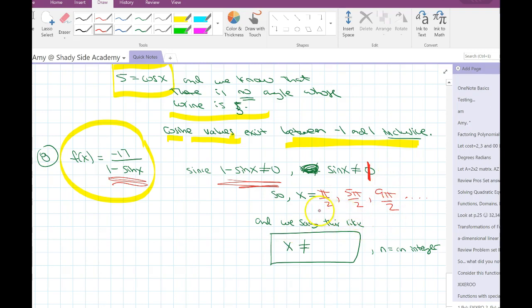And how do we capture all possible angles? We say x cannot equal pi over 2 plus any multiple of 2 pi n, okay? And where n is an integer. So you're saying x can't be 90 degrees plus any multiple of 360 degrees plus 90, because that will always land on the same terminal side.